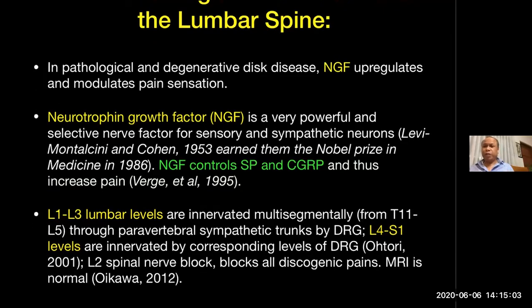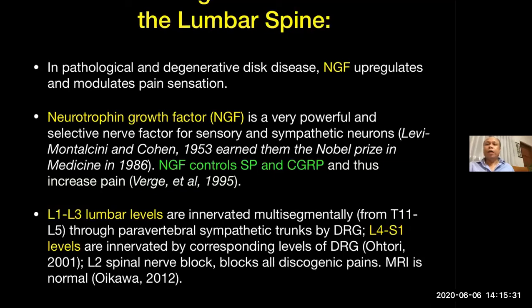Remember, substance P and CGRP are very important neurotrophins that can also cause pain. So if you have the NGF, it will modulate the substance P, but at the same time, the NGF itself can also generate its own pain in the spine. And so when all these are interacting, then there is a pain that is felt in the lumbar spine.